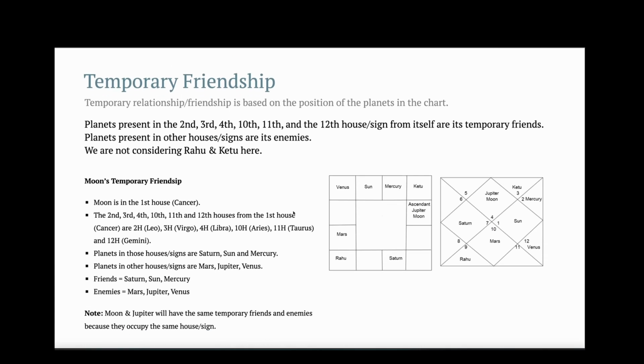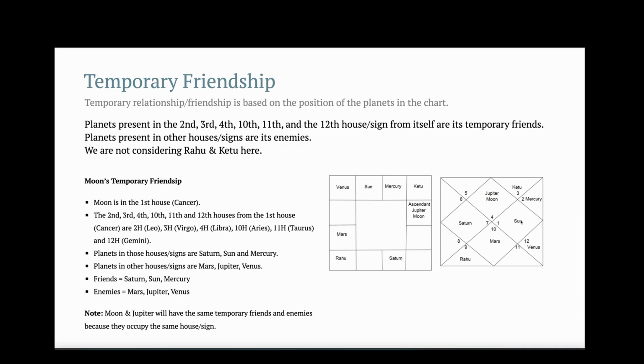Now similarly, let's calculate the temporary relationship of the Moon in this chart. The Moon is in the 1st house in Cancer sign. In the 2nd and 3rd houses from the Moon, there isn't any planet. In the 4th house from the Moon, there is Saturn, so Saturn is its friend.